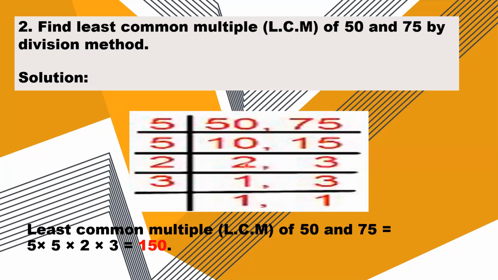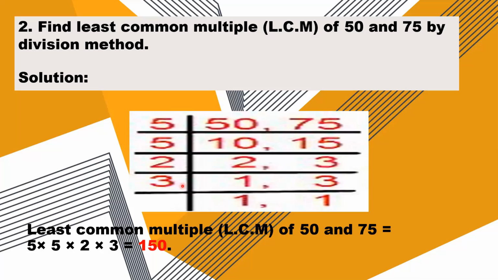And then 2 and 3. 2 divided by 2 is 1, and 3 stays 3. So 3 divided by 3 is 1. Then bring down.